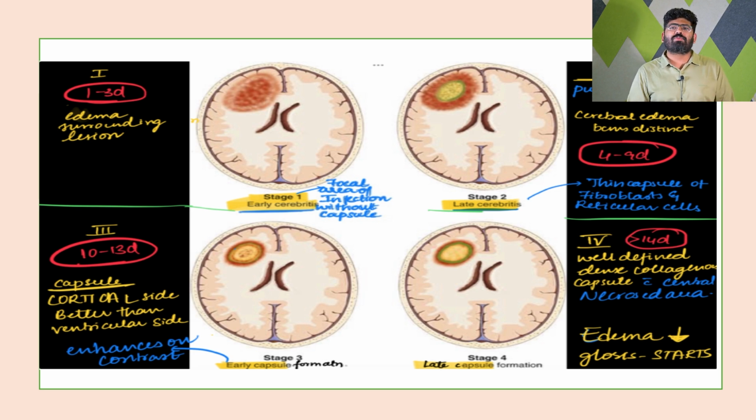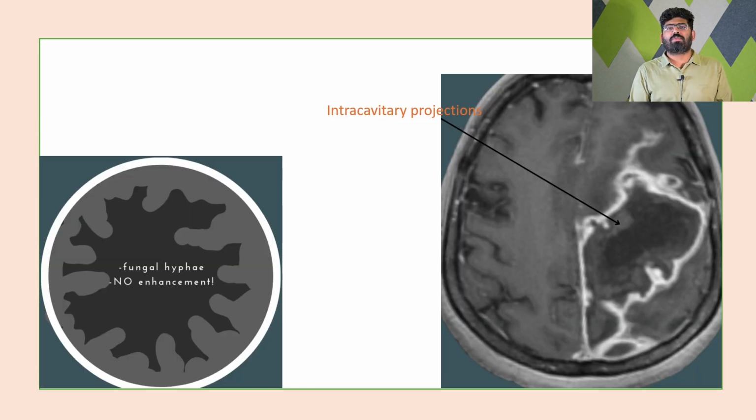In late capsule stage there is a thick wall, the edema starts subsiding and gliosis starts. Gliosis means death of the brain tissue, and symptoms will start due to the edema and mass effects, then the internal of the abscess and the fever.